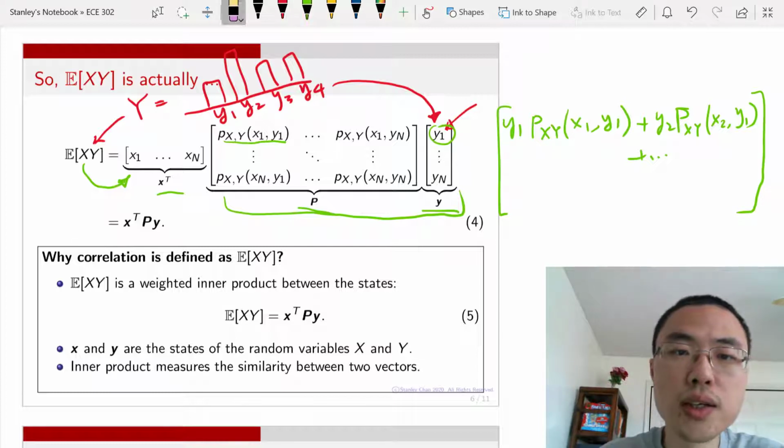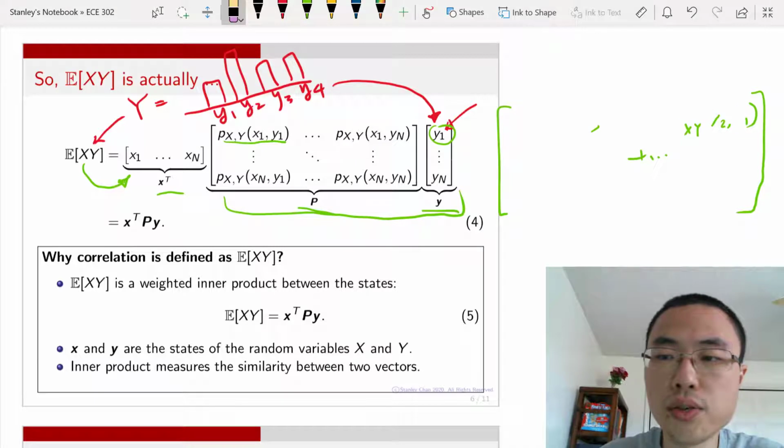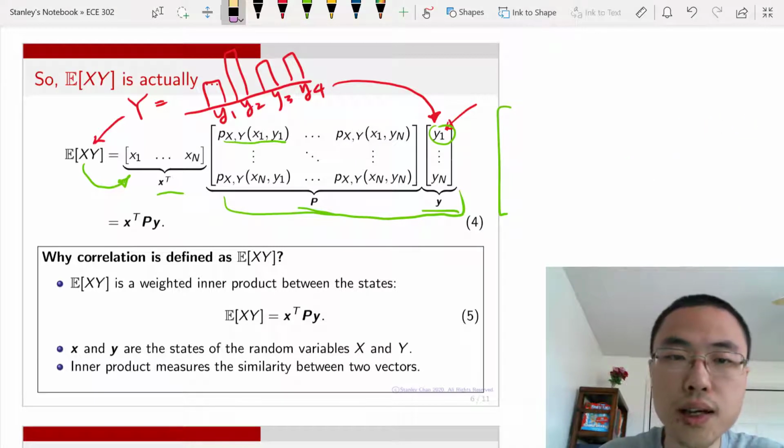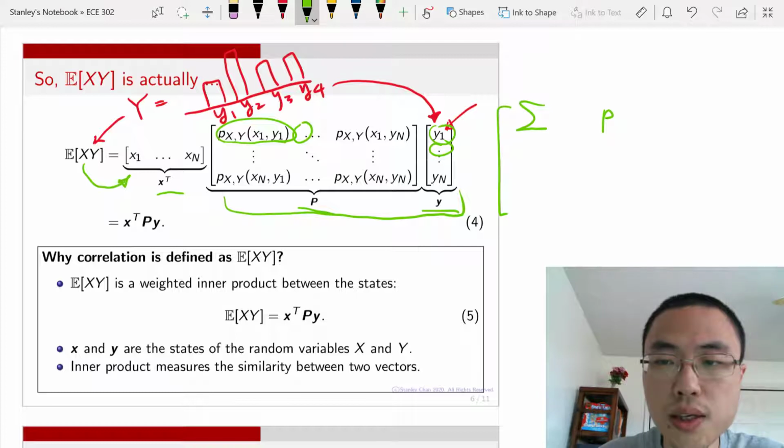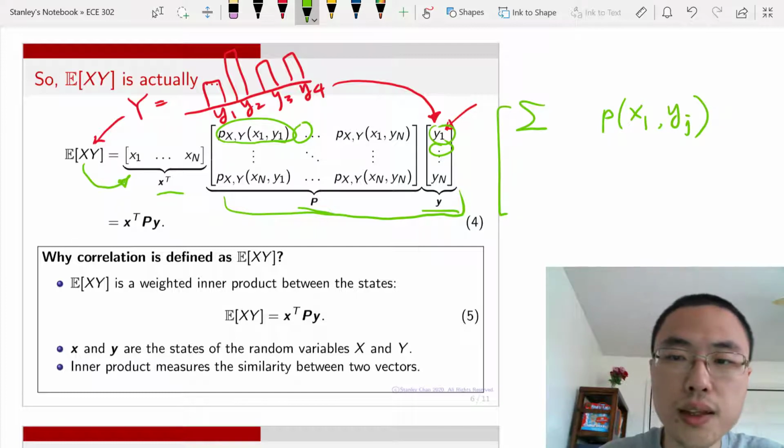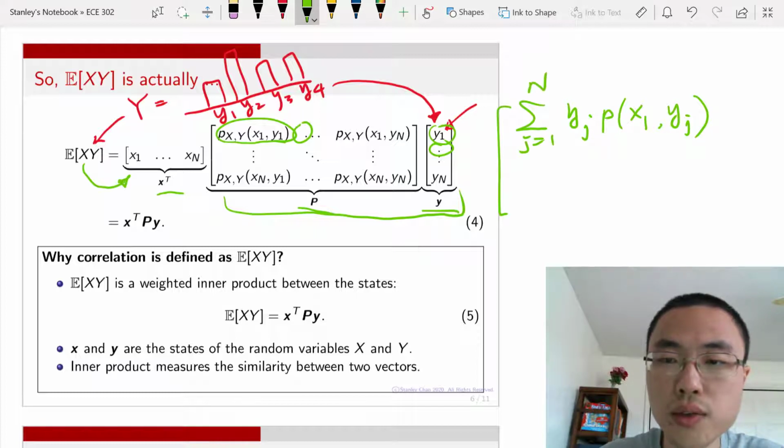If I want to write it in terms of a shorthand notation, then this entire sum, this number times this, that number times that, and so on, I can really write it as the summation of this P of x1, because the 1 will stay there, and then I have the small yj's, and j will go from 1 to n.